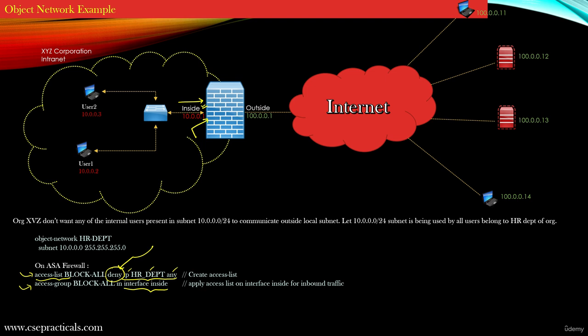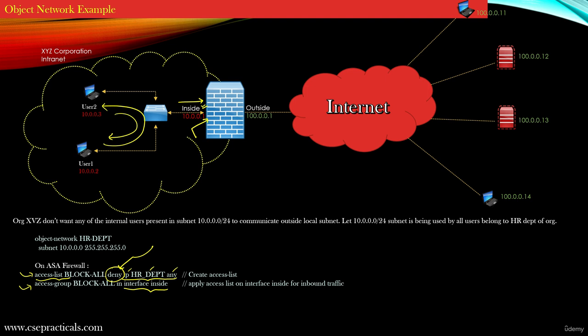So it indirectly translates to this: any packet which is generated by any of the users in the HR department cannot leave its local subnet. The users can communicate with each other internally because the packet need not go to the firewall in order for the users to communicate with each other internally.